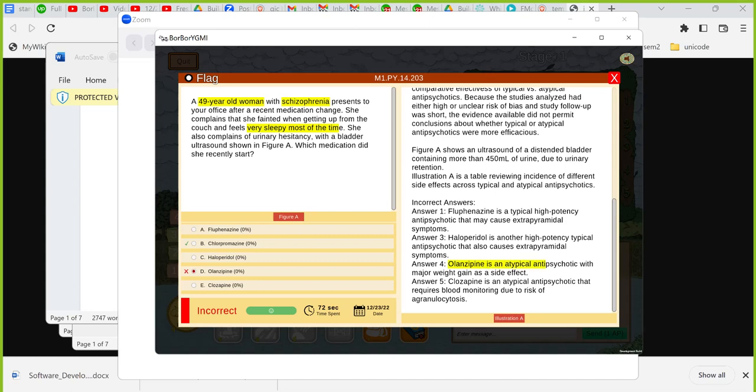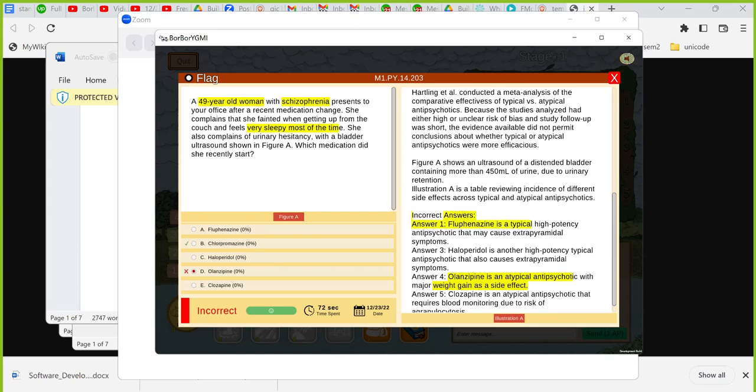Olanzapine is an atypical antipsychotic, so that means second generation, right? And it can cause weight gain and dyslipidemia. Fluphenazine is a high-potency antipsychotic and causes extrapyramidal side effects. Haloperidol has extrapyramidal symptoms as well.